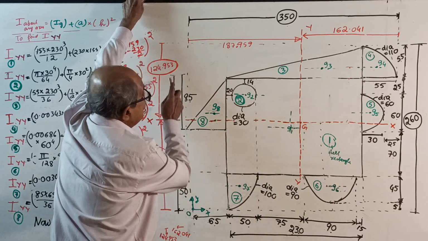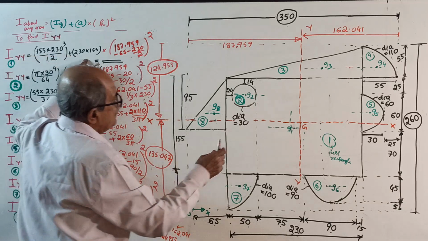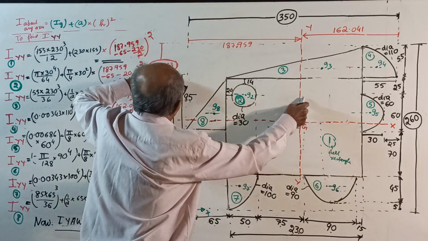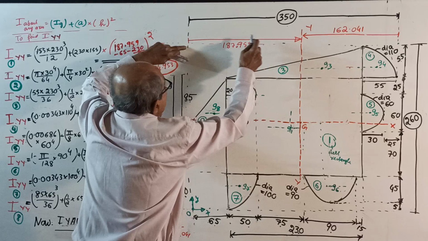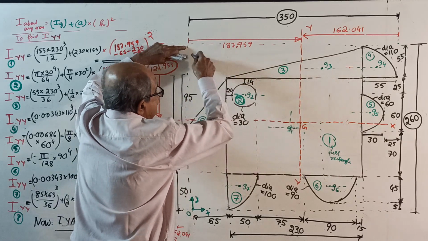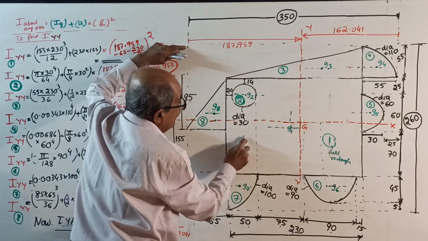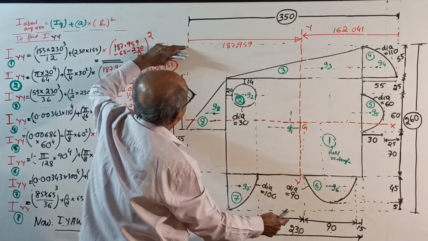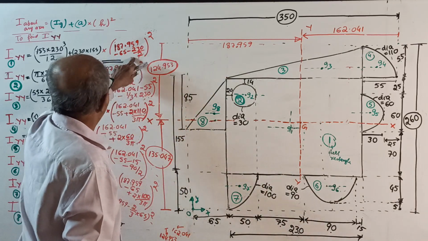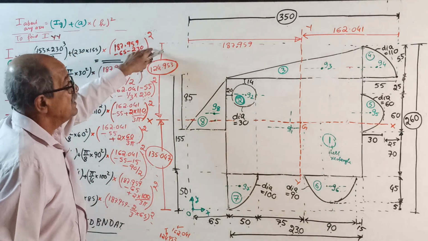Here. 155 into 230 cubed divided by 12 plus area into, see, this distance squared from G1 to this one, that is 187.959. We want from here to here. This distance minus 65, then minus half of 230, that is 230 by 2, whole square. Here there is a space problem. See, everywhere h squared. Okay.